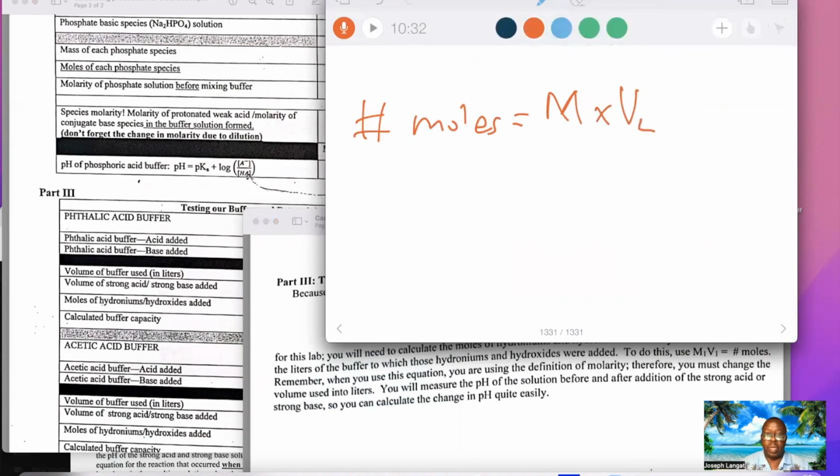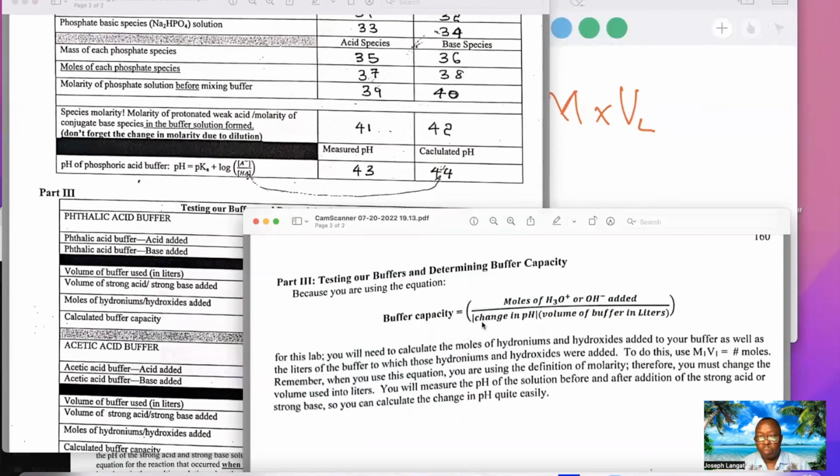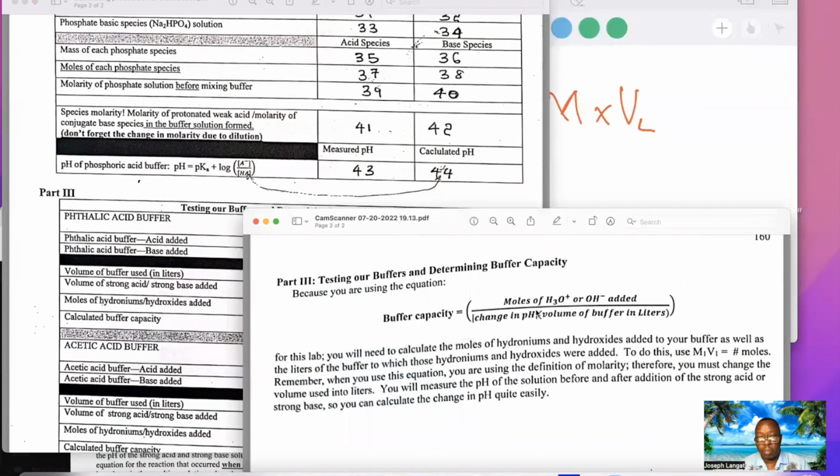And then in the equation, the change in pH, make it an absolute value. That means make it positive. If I find the difference between the pH after addition and before addition, it can be negative, it can be positive. Make it positive. This means absolute value.